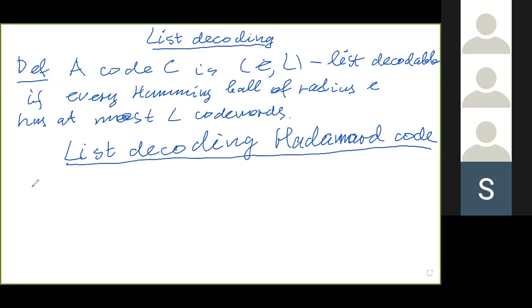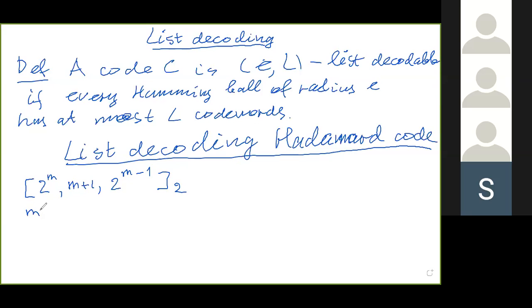First of all, let me remind you what the Hadamard code is. The Hadamard code has parameters 2 to the m, m plus 1, and the distance is half of the block length. The alphabet is binary.